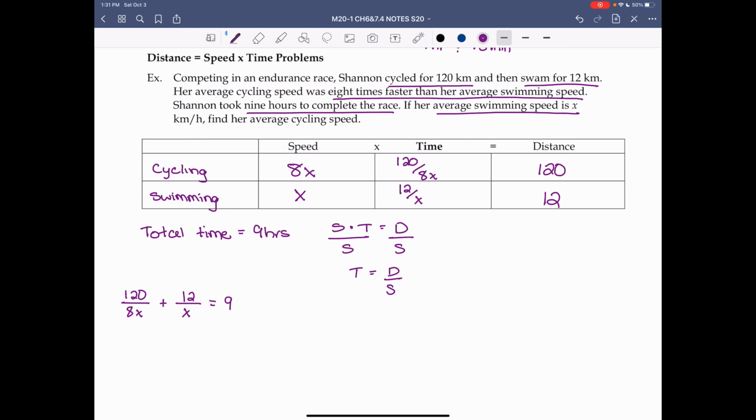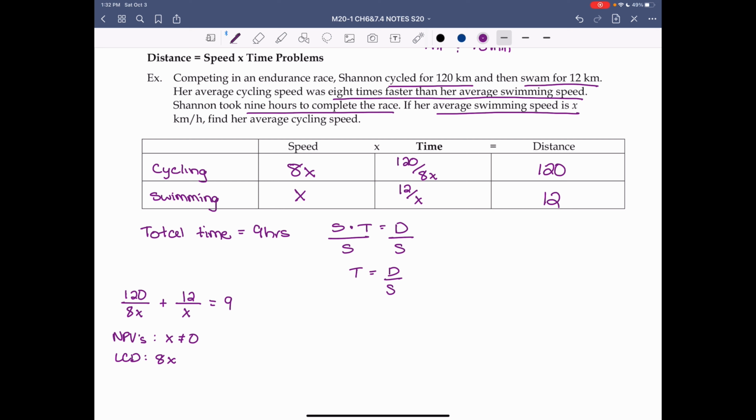There's no factoring to be done here. Our non-permissible values, x cannot equal 0, which it wouldn't anyways because she can't swim at 0 kilometers per hour and go 12 kilometers. Doesn't make sense. Our lowest common denominator would be 8x.